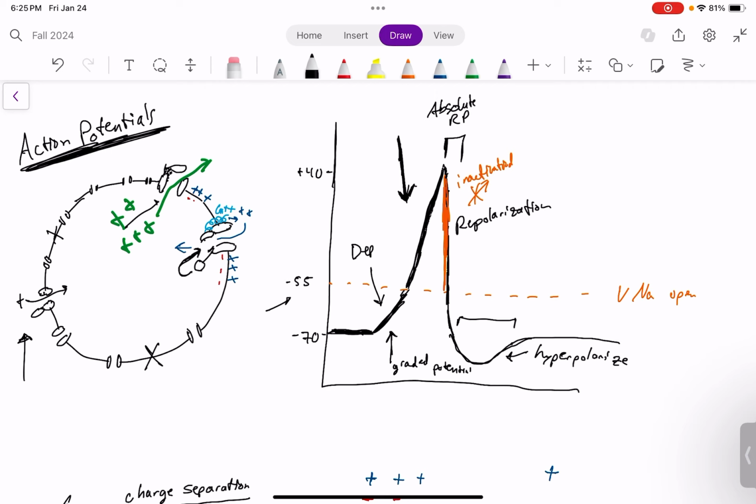They're closed now at this point. And so you could potentially get another action potential. You would just need a lot more oomph, a lot more push, a lot higher of a graded potential in order to get another action potential to start because the cell is hyperpolarizing. And that is called the relative refractory period.